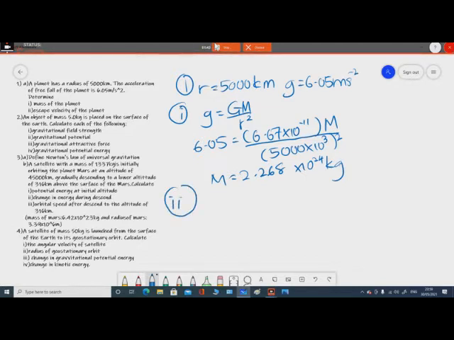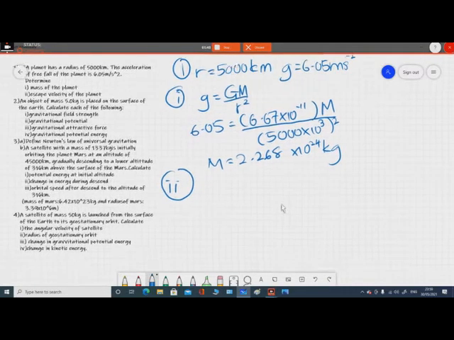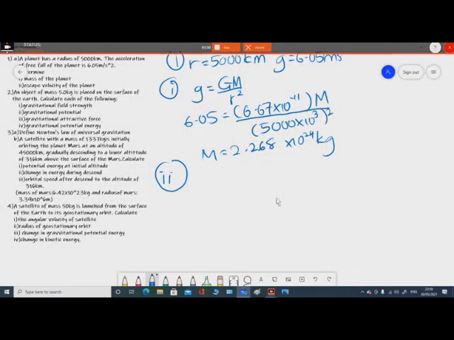As we discussed in the previous video, the total energy before leaving the planet is equal to the total energy after leaving the planet.